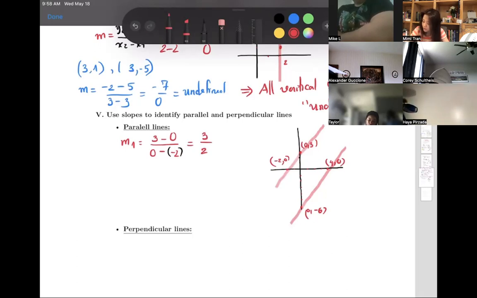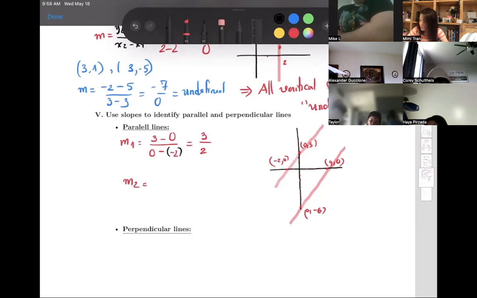Of course, you're going to have a positive slope, right? What about M2? Let's pick, this is my X1, Y1. This is my X2, Y2. But if you want to do the other way, that's fine too. So let's see. Y2 is negative 6 minus Y1 is 0. And then X2 is 0 minus X1 is 4.